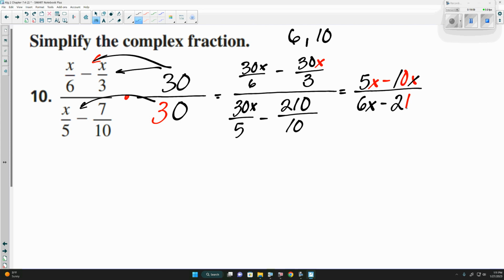Now we do need to simplify a little bit because 5x minus 10x is negative 5x. Can we combine 6x and 21? Do they have a greatest common factor? It is. Because we can factor 3 out of 6x, giving us 2x minus 7.